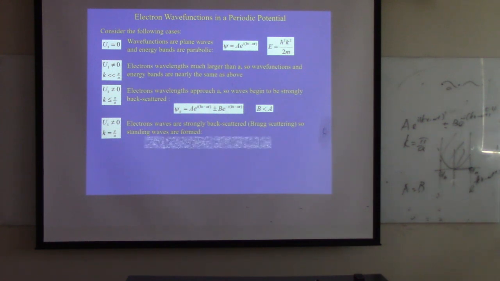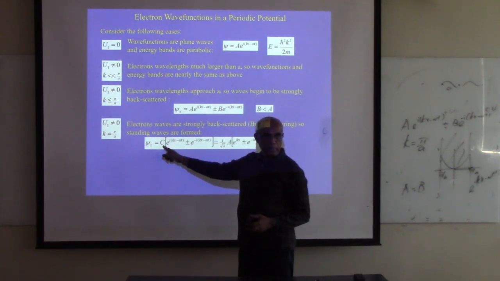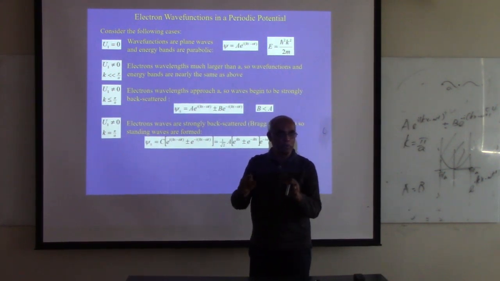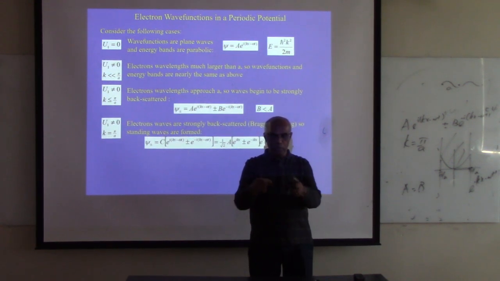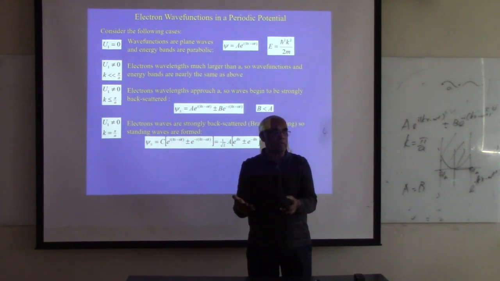So then you can write your wave function with A and B equal. I can write that as, say, C. Then I can have two waves, and if you have two waves, they can superimpose. We call that superposition. Then you make something called standing waves, right?